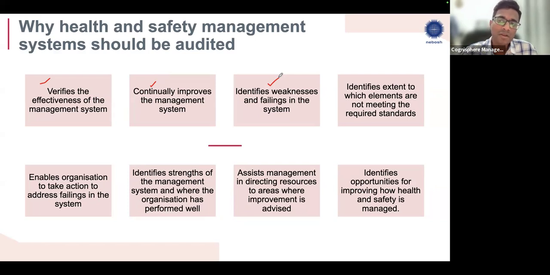For example, the annual refresher training for the forklift operator is not happening, or you may identify that the maintenance of the forklift truck is not happening at regular intervals, or the policies are not reviewed at regular intervals, or you may see that the risk assessments are not reviewed.